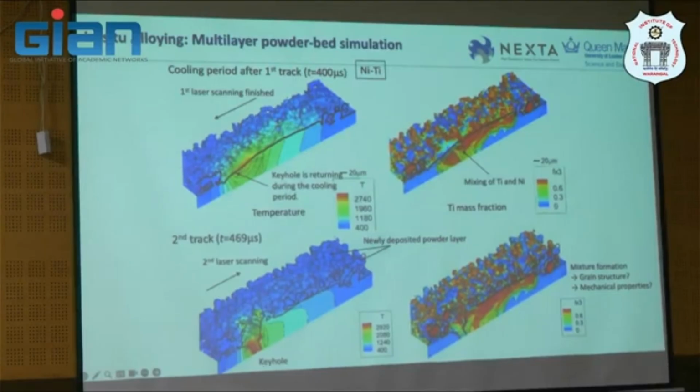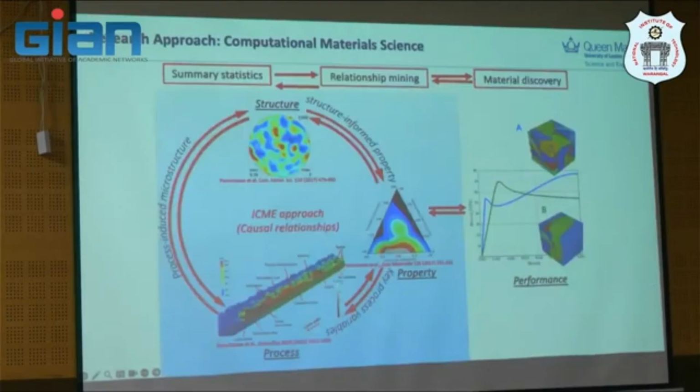Last but not least, I want to say this because I see the time is running short. The key point for additive manufacturing is that we want process-induced microstructure, because the microstructure is induced by the process, and the structure informs property, because structure also influences the property, to get the kind of design space here.